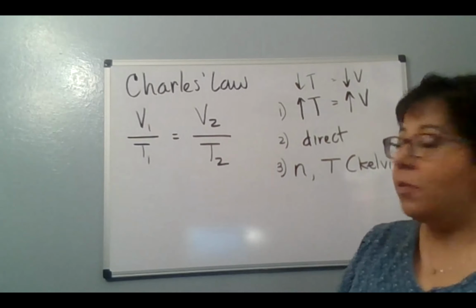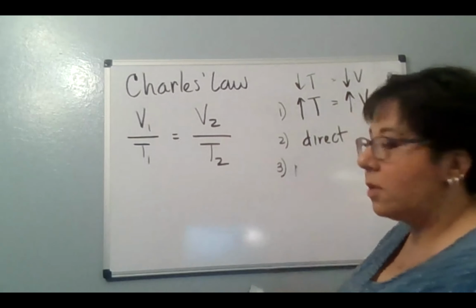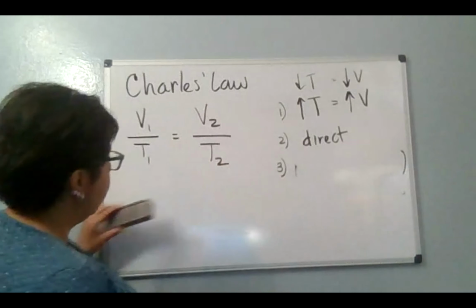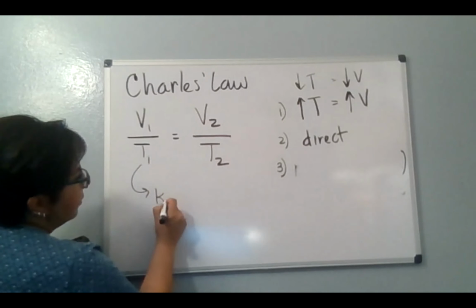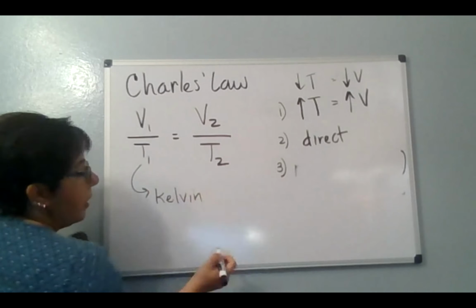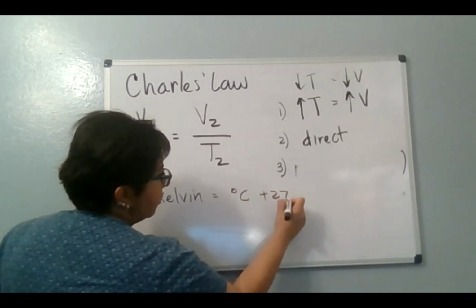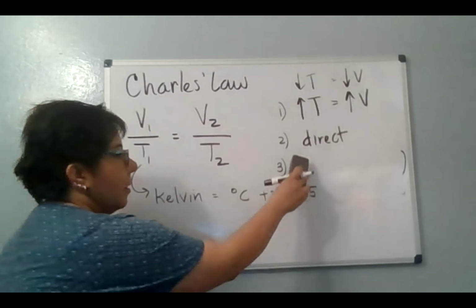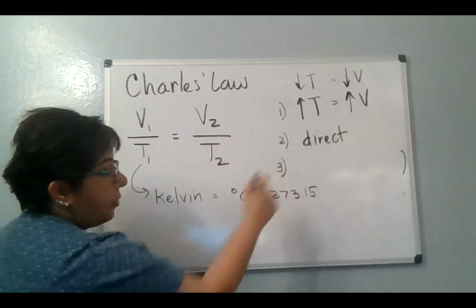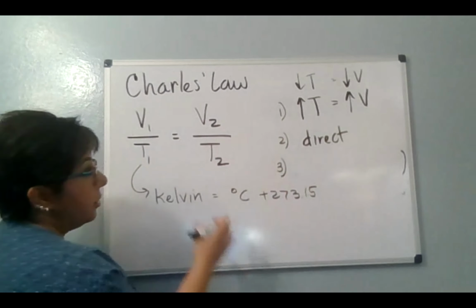It is important that you remember for Charles's law that temperature is in kelvins. And just as a reminder, Kelvin is degrees Celsius plus 273.15. So it's an easy conversion, but you can't plug a Celsius temperature in here and end up with the right answer. So again, the third thing you need to know about the law itself is what is being kept constant.